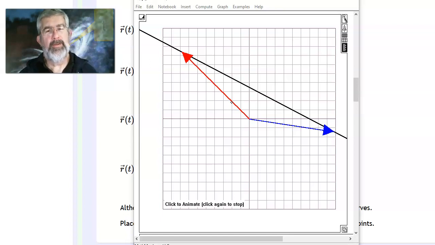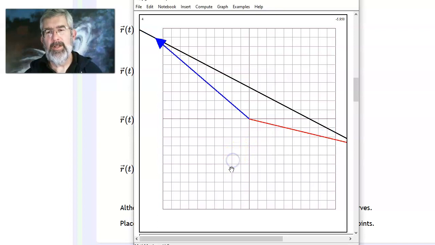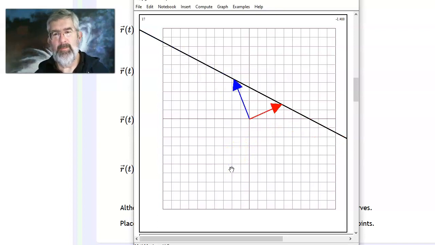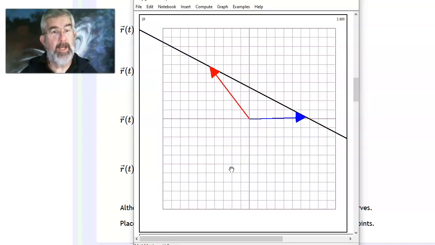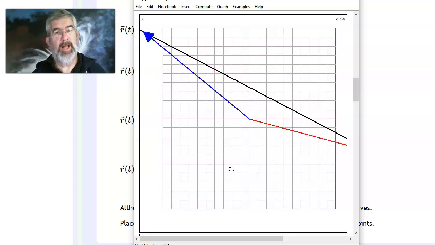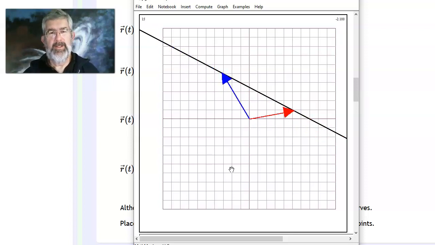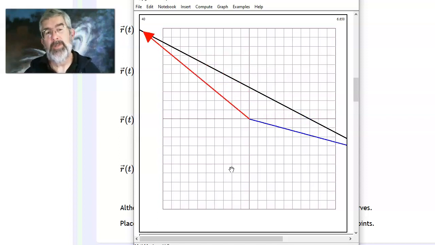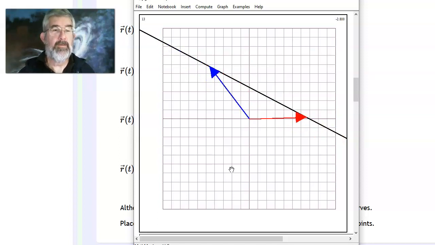What I've done is I've used the same point on the line, but turned the direction vector completely around. So where one is oriented to go this way, the other one goes that way. When I click on this to animate, you can see that both endpoints, red and blue vectors, are always on the line, but they move in opposite directions. So I'm parametrizing the same line, but in a different way.